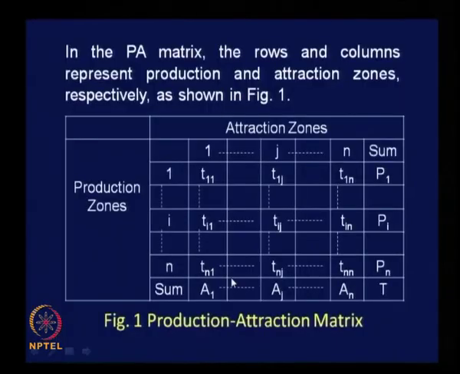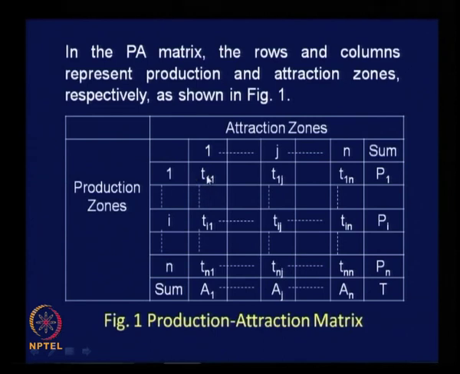Right. Similarly, if you add up all the cell values along a column, let us say T11, T21 and so on up to Tn1, right. We have indicated that value as A1, that is nothing but the total of the trips attracted by zone 1. The sequence will be like this: 1, 1, then what will be the cell value here?